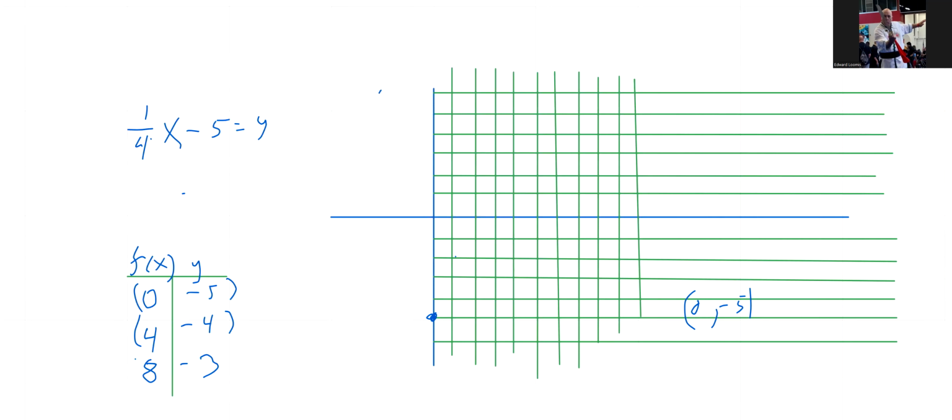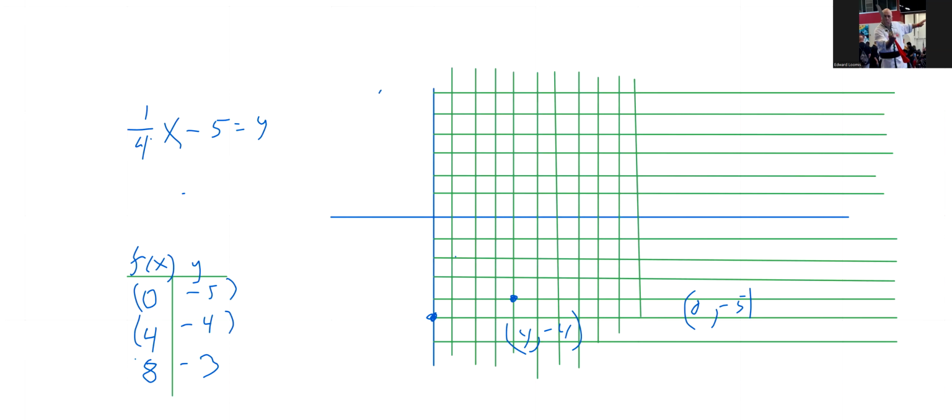At 4, comma, negative 4. Let me move that just a little bit. This could be in the way. I'm going to call that 4. Put it down below it. 4, negative 4.